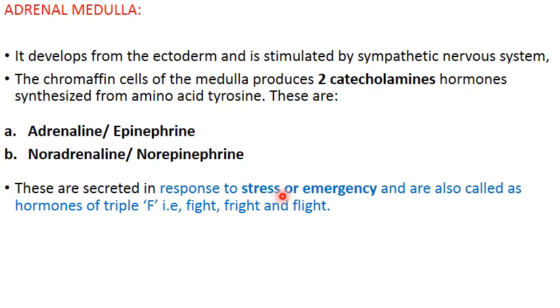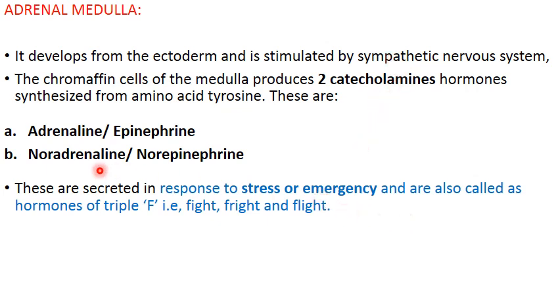That stress or emergency is not necessarily external, it can be internal. There can be a fall in the blood sugar level, which is a stress for us. There can be a fall in the blood pressure. There can be an emotional stress. At that time, which hormones will be secreted? Adrenaline and noradrenaline, and the sympathetic nervous system will also be stimulated.